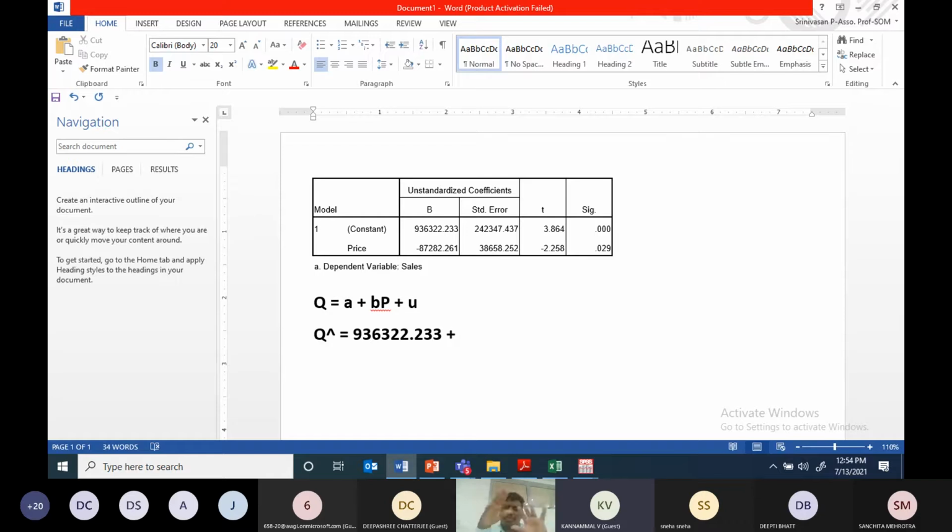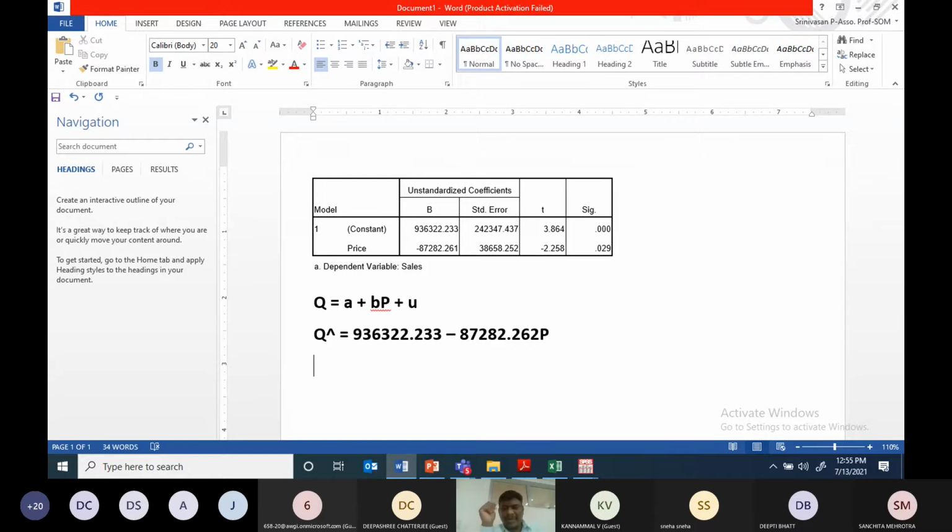Don't bother about the constant; come to the slope coefficient, which is very important. The P value is minus 87,282.262. This is price. This is the estimated equation.